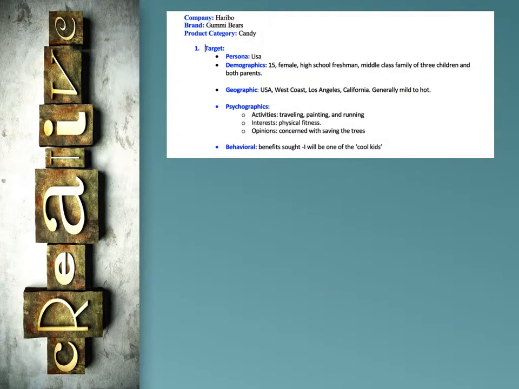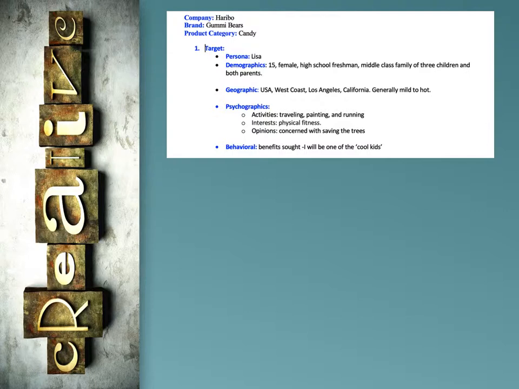Okay, so this is what the target would look like on a creative strategy brief. This is something I just made up. The company is Hasbro, and the brand is Gummy Bears, and the product category is candy. And I'll keep using this as an example because it's easier for you to catch on to it once you remember this brand, this product, and learn more about it.